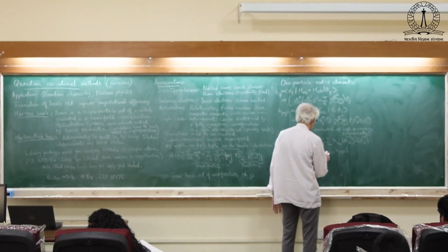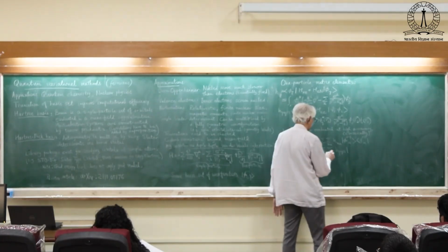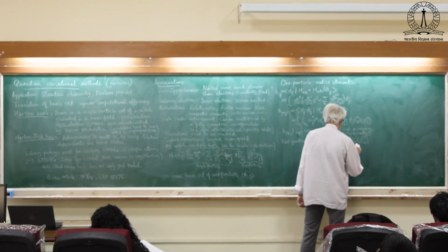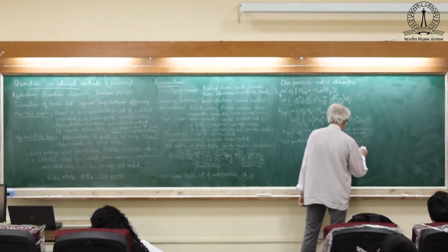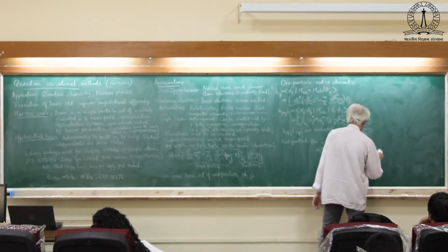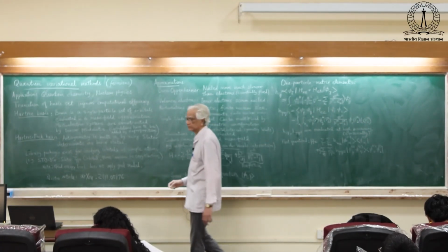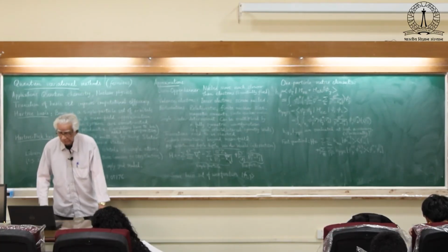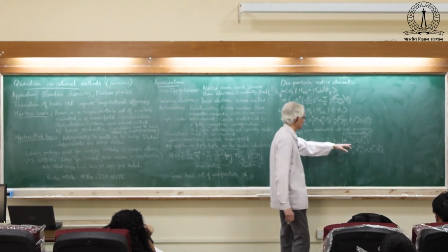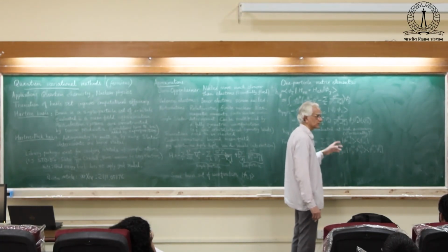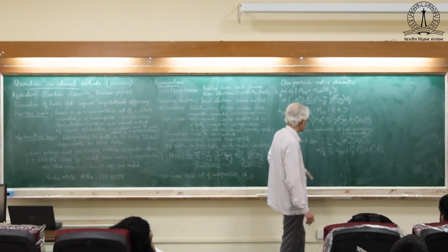So this is I not equal to J, and then there is a half, and then there is a phi I P, phi J Q. That's the label. So these are just in some sense the projection operators for these particular components, and the strength of the interaction is this coefficient which have been evaluated, and that makes up the total Hamiltonian.